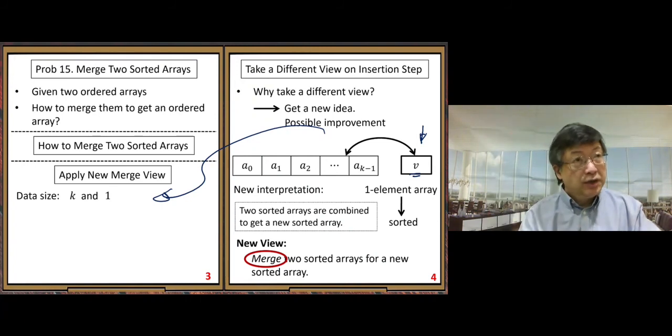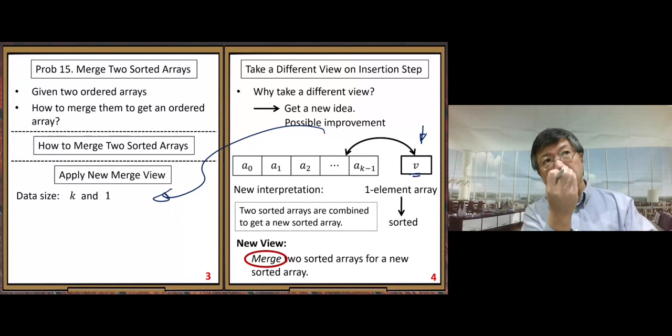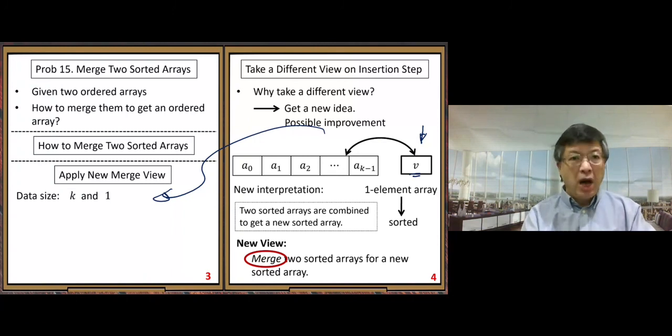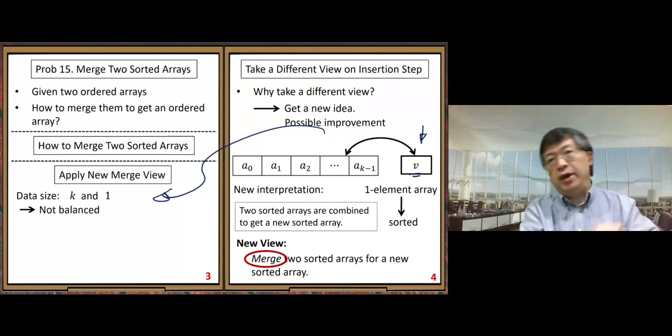So this situation has some problem. We observe some problem here. What's the problem? It is not balanced. The data is distributed in the two subarrays in a not balanced way.